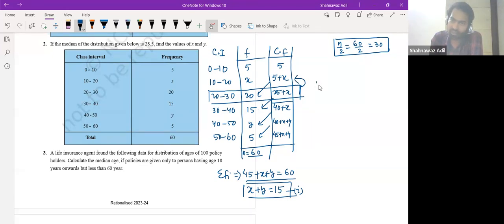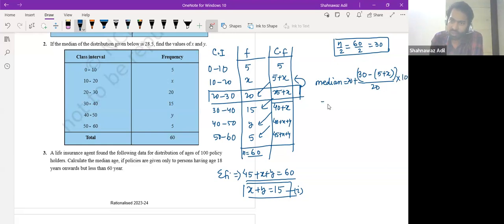So we can calculate the median as 30, right, minus this CF, which is 5 plus X, right? And then this would be F, which is 20, and L, which is 20, plus H. H is how much? 10.